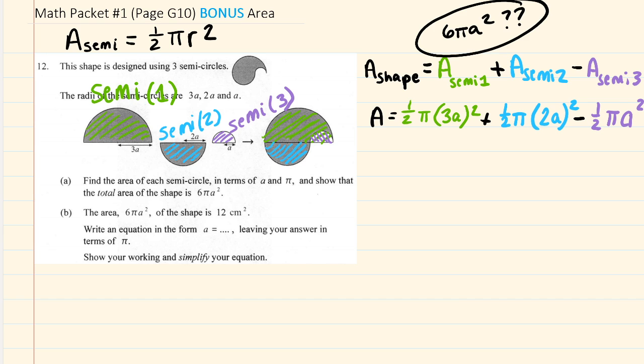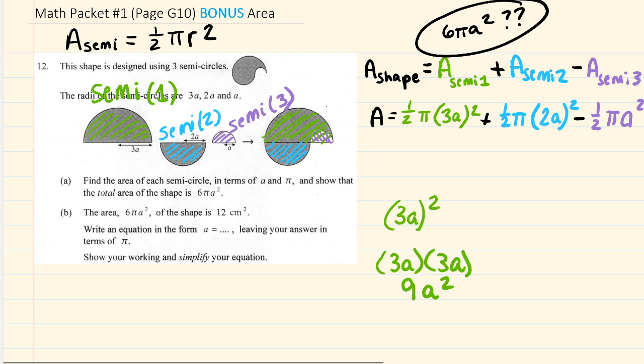Now if you remember, anything squared, like 3a squared, just means we're multiplying that thing by itself. So it really means 3a times 3a. And 3a times 3a is going to be 9a squared. 3 times 3 is 9. A times a is a squared.